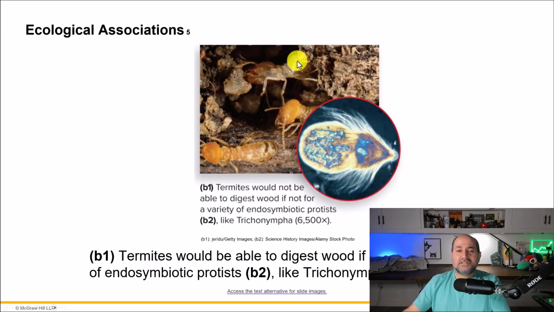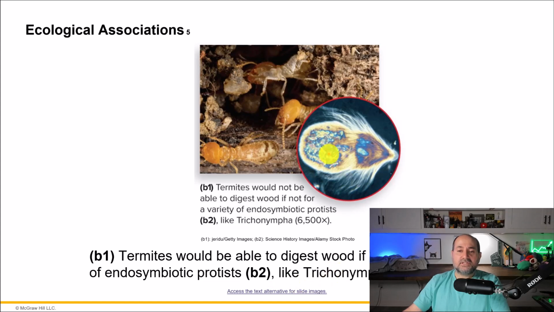You can see here those termites, and in the guts of the termite, you can see the Trichonympha. These are organisms that help the termite to digest wood. So the termite would not be able to digest wood if not for this endosymbiotic protist, the Trichonympha.